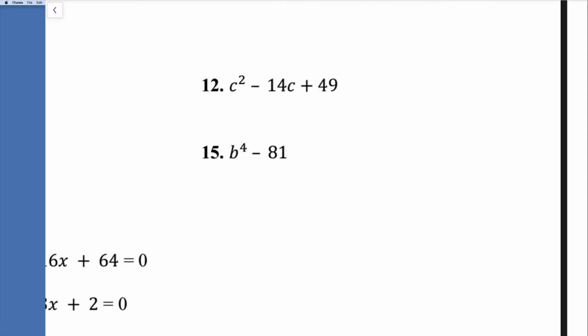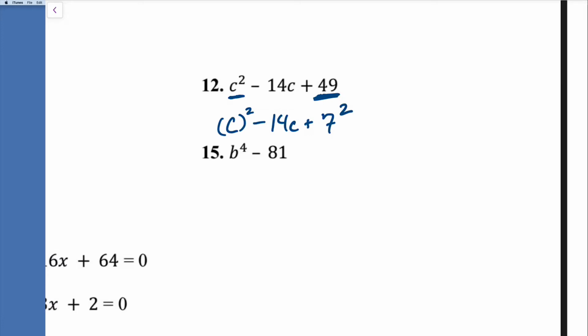Interesting. Well, what I do notice is I have a c squared and a 49, and 49 technically can make a perfect square. For example, I can write c squared minus 14c plus 7 squared.